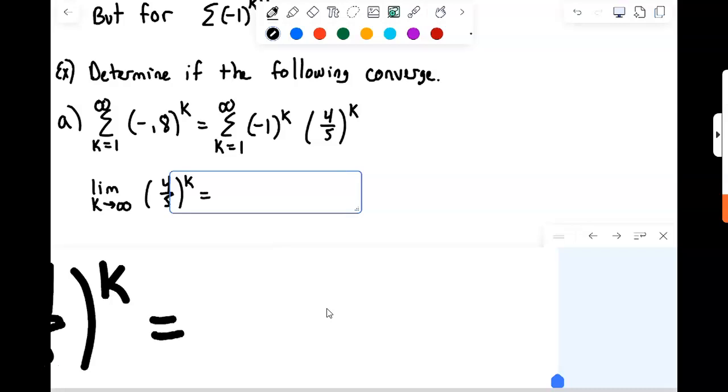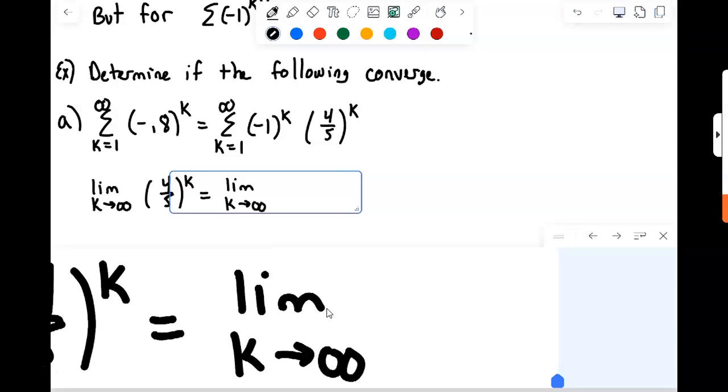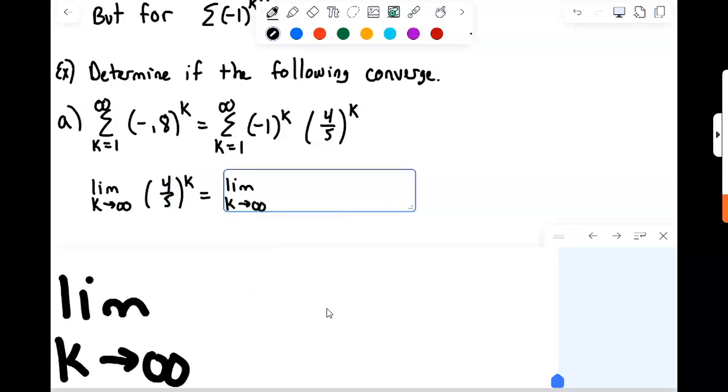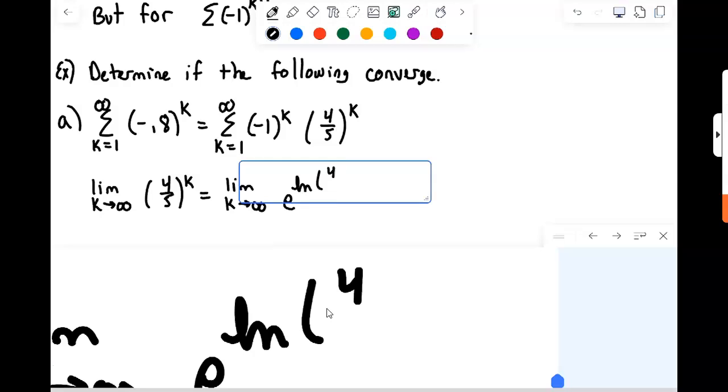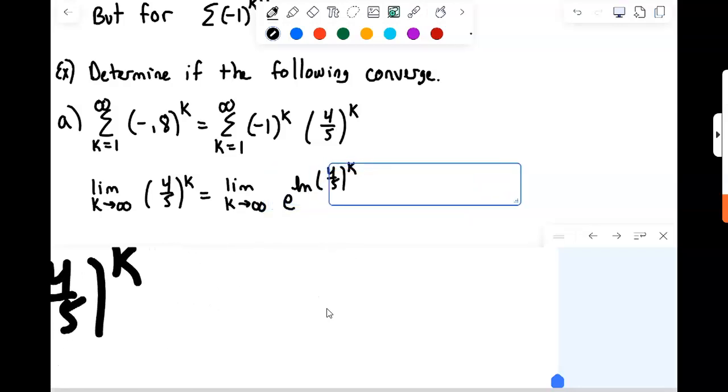This is something we encountered before when we were dealing with limits. This is the same as e to the ln of 4/5 to the k. Because remember, e to the ln cancels out.